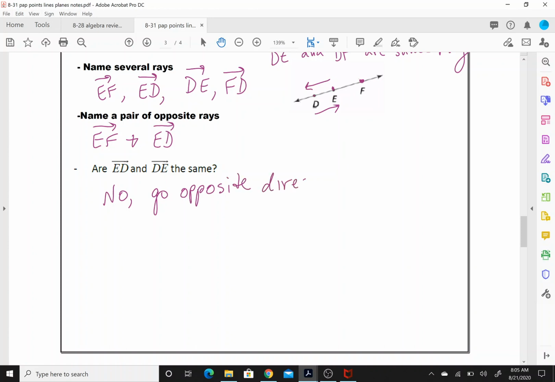And also, key thing is look at their names. This first ray has an endpoint of E, and the second ray has an endpoint of D. So two rays cannot be the same unless they have the same endpoint. So they go in opposite directions and they have different endpoints.